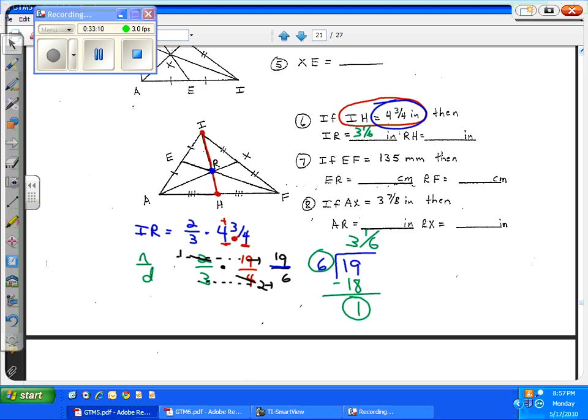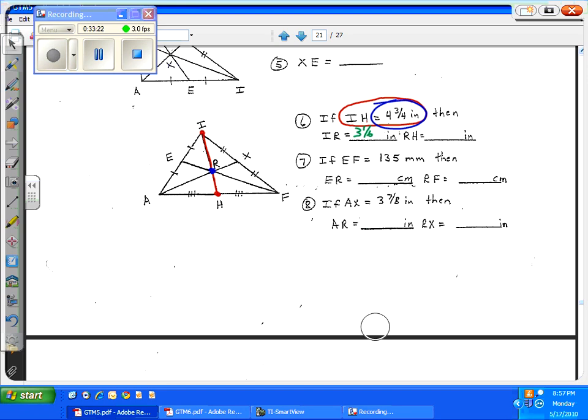Now, RH, excuse me, is half of that. Well, how do you take half of 3 1/6? Half of means times 3 1/6.